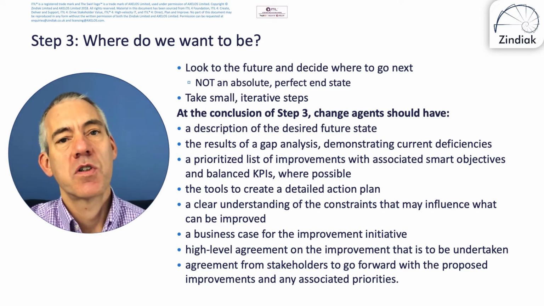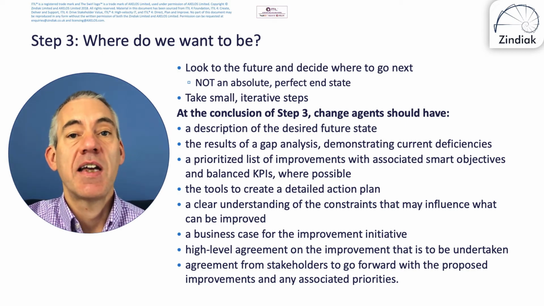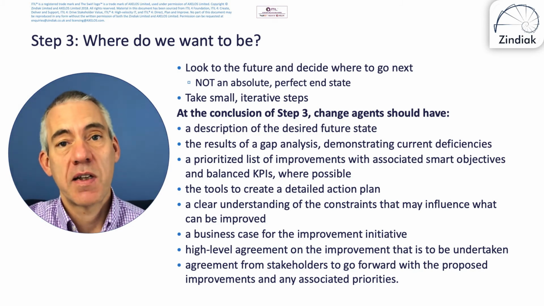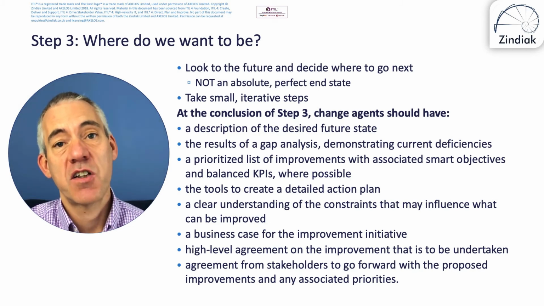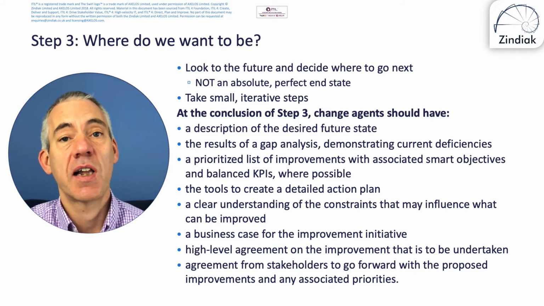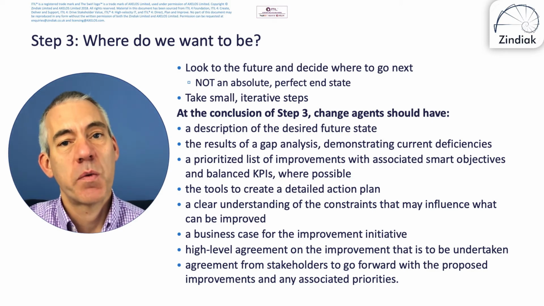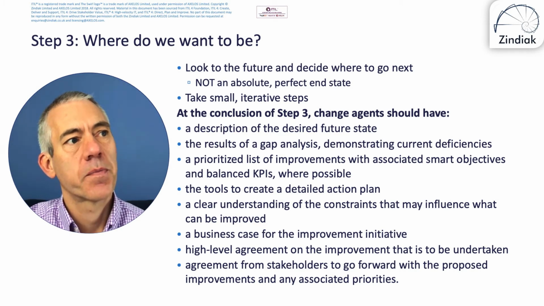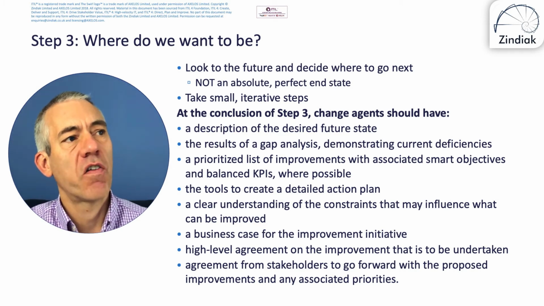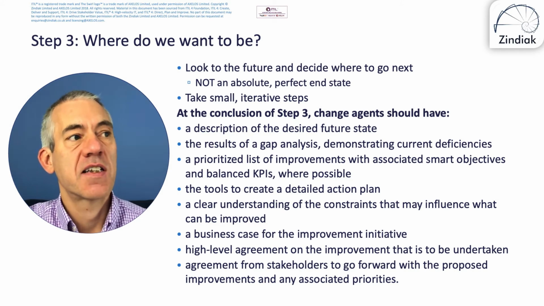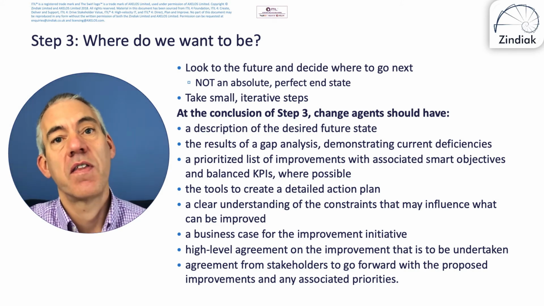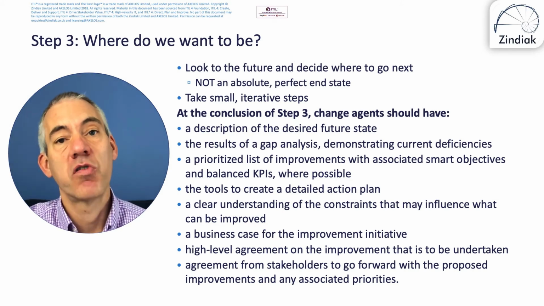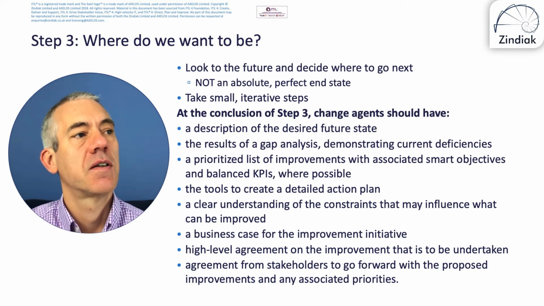The where do we want to be here is where do we want to be at the end of this step. If we're adopting an iterative incremental approach, such as Scrum, it's where do we want to be at the end of this sprint, which is 1 month or less. So it's much more focused. It's not the absolute perfect end state, it's just the next step, a step along the journey to the vision.